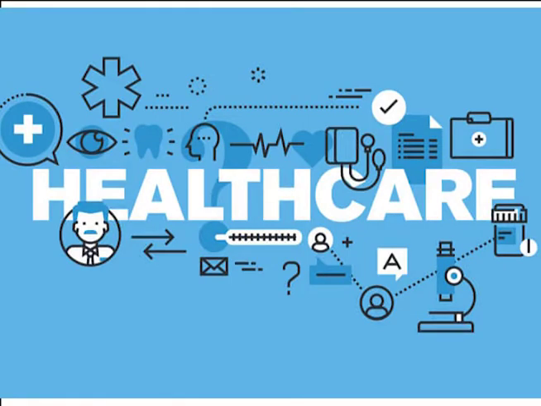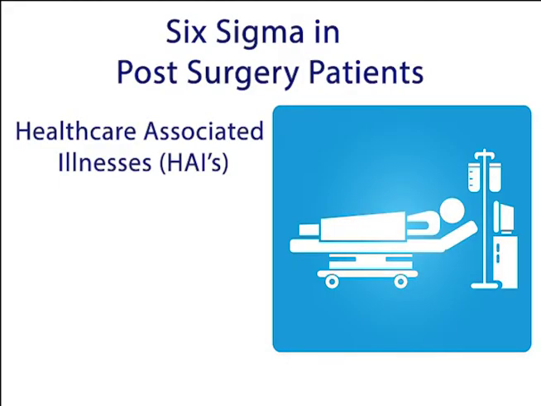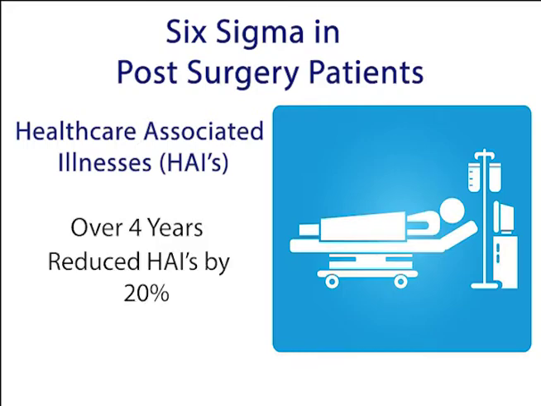In healthcare, Six Sigma has been used to combat healthcare-associated infections, HAIs, in post-surgery patients. After a review of patients over 4 years, Six Sigma methodology was used to identify variables associated with risk of HAIs. Through Six Sigma, corrective actions were put into place to reduce their numbers. The newly instituted practices reduced the average number of hospitalization days by 20% in surgery patients.